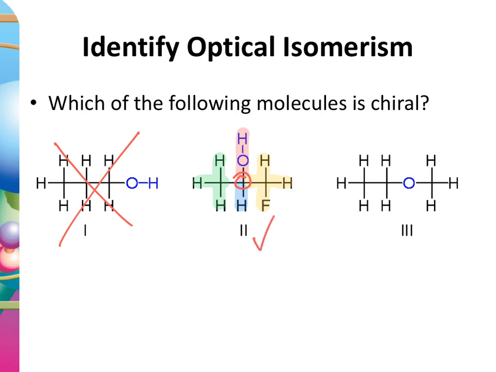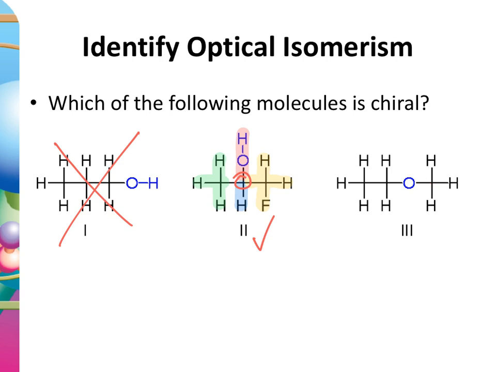What about the one on the right? We start from the carbon on the left here. It's got three hydrogens, so that can't be a chiral center. This has two hydrogens, can't be a chiral center. Then there's a carbon with three hydrogens, so it can't be a chiral center.